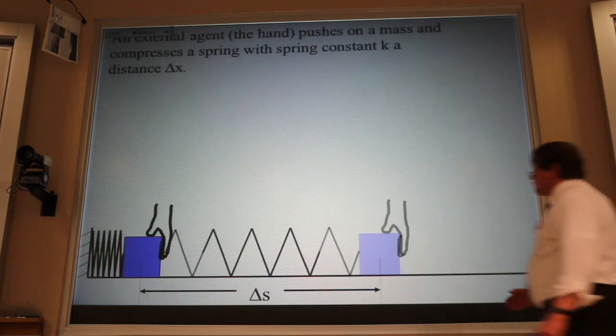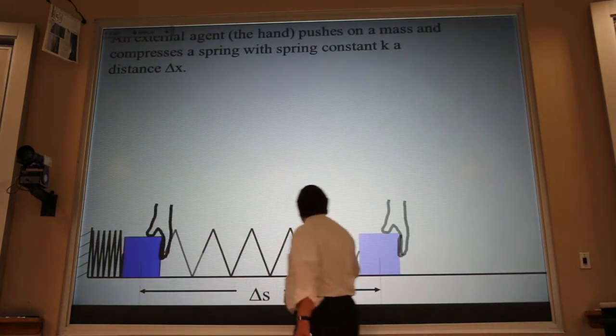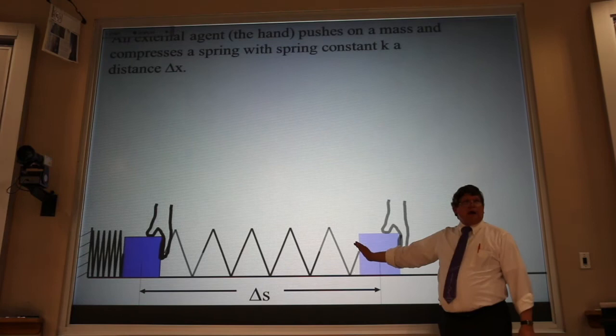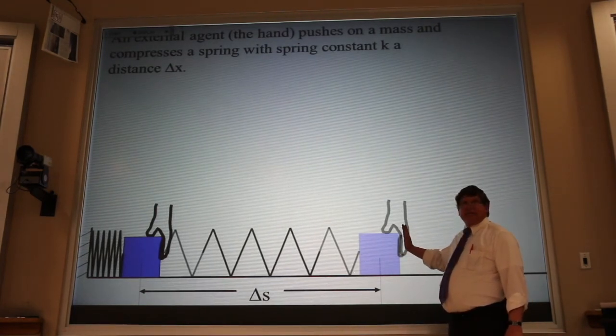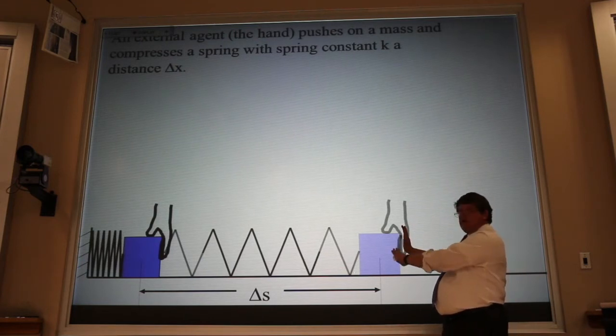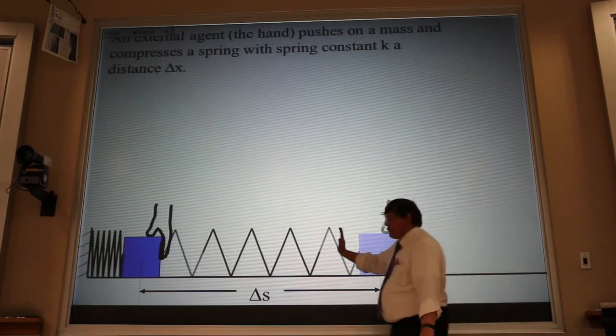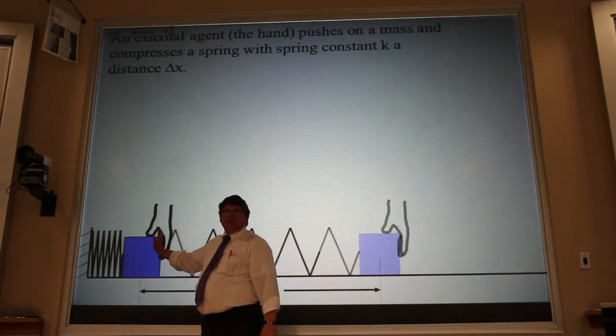Okay? I have a spring that came out of the box that long. This is the equilibrium position for the spring. And then I take that block and I start from rest. This is important. I start from rest. I push slowly and I stop.